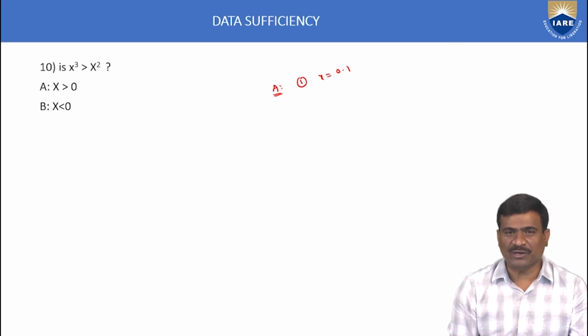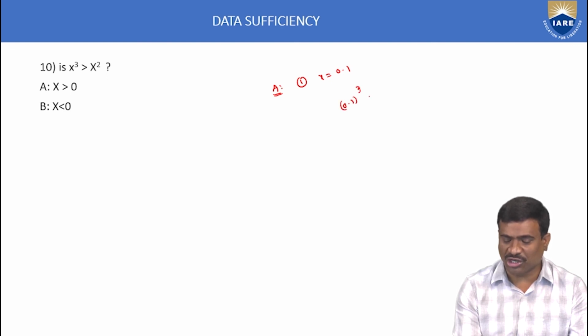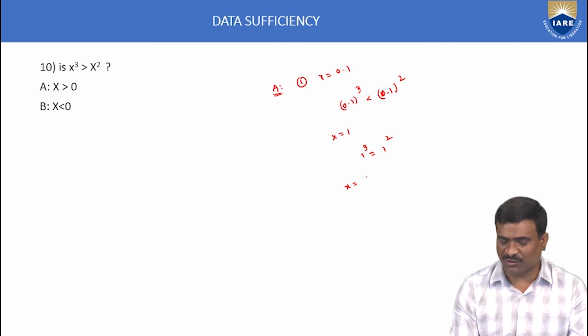Only positive solutions are possible. Suppose x is equal to 0.1, then 0.1 cubed is less than 0.1 squared. Suppose x is equal to 1, then 1 cubed is equal to 1 squared. Suppose x is equal to 2, then 2 cubed is greater than 2 squared.